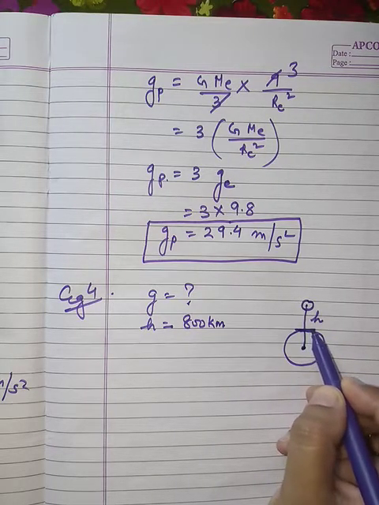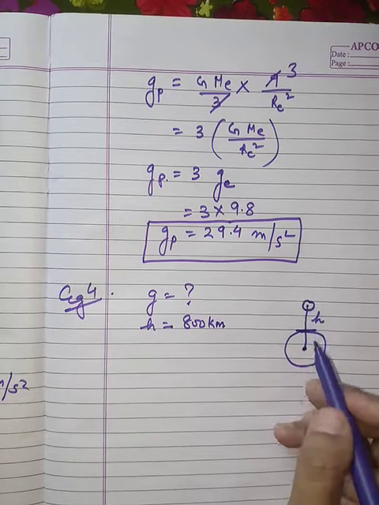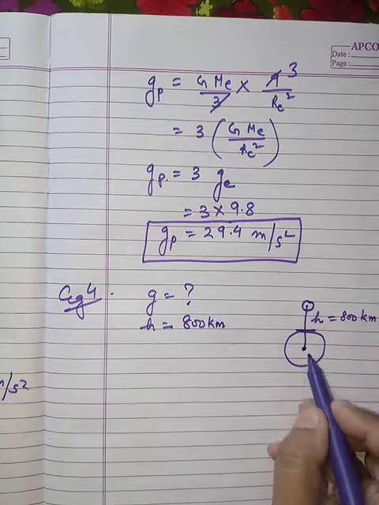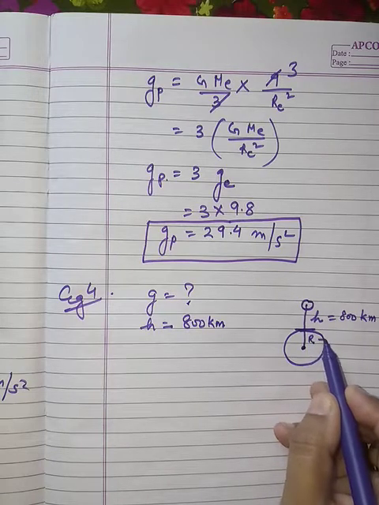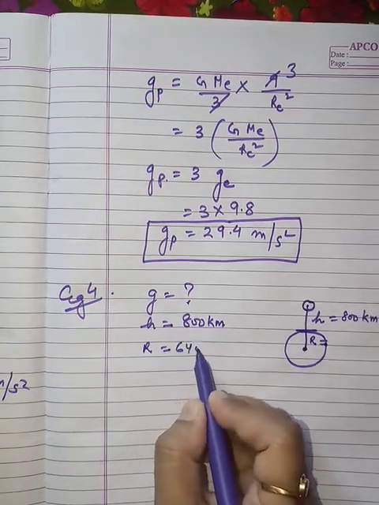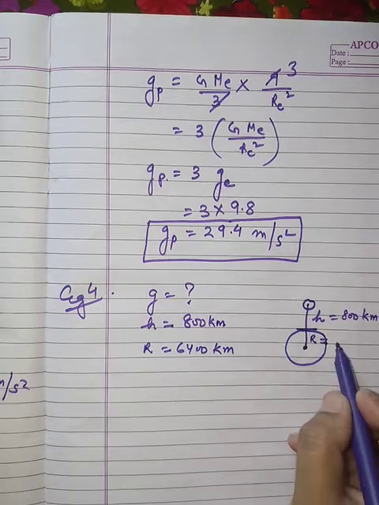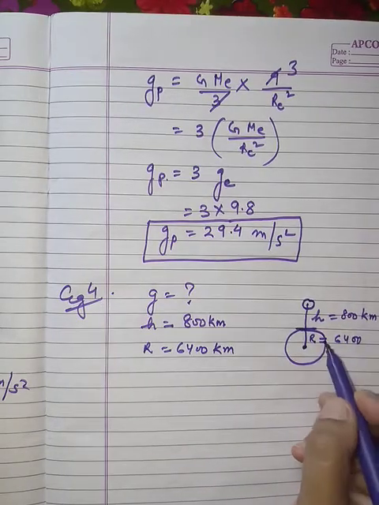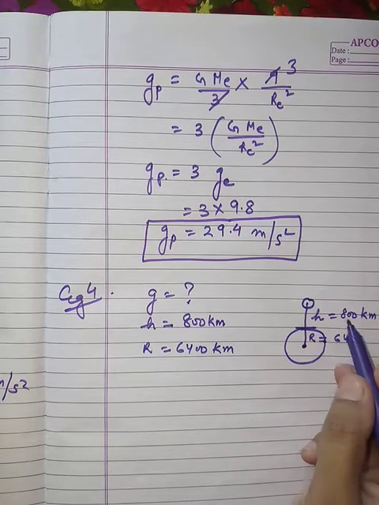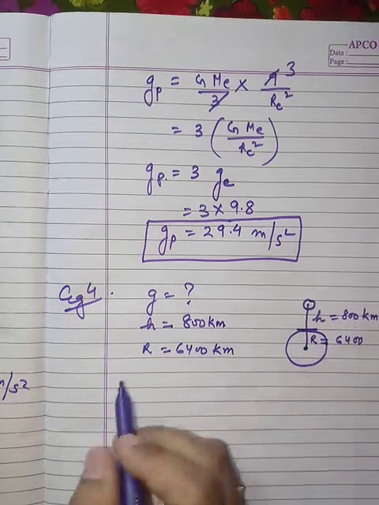So this is earth surface, above the surface height, which is 800 kilometer given, and the radius of earth is given, r, 6400 kilometer in this question. So total distance between the two objects will become 6400 plus 800, right?